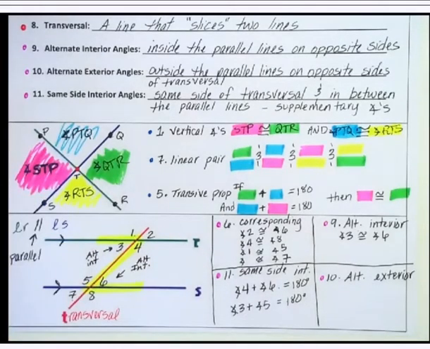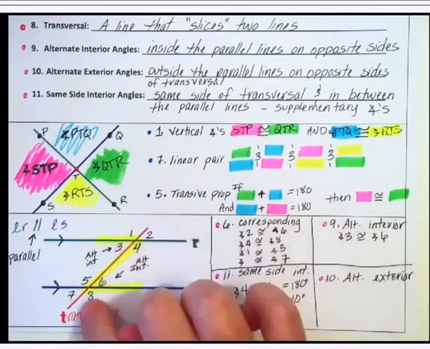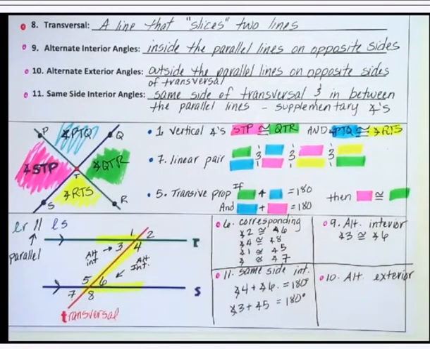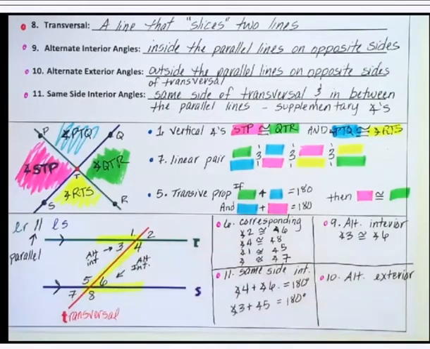Alternate exterior angles. These are outside of the parallel lines on opposite sides. So 1 and 8. I'm sorry, is it 1 and 8? 2 and 7. Okay.